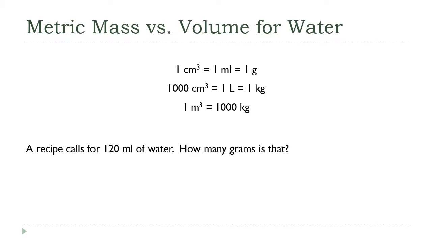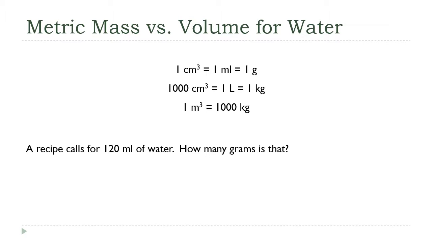Okay, so water is a little bit special, right? Especially when we're talking about metric measurements, right? 1 cubic centimeter of water is equal to 1 milliliter. We saw that's true for everything, right? We saw that in the last lecture when we're talking about measurements of volume. When we're talking about water, 1 milliliter of water is also equal to 1 gram of water.